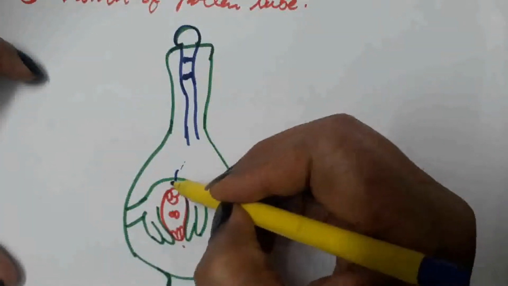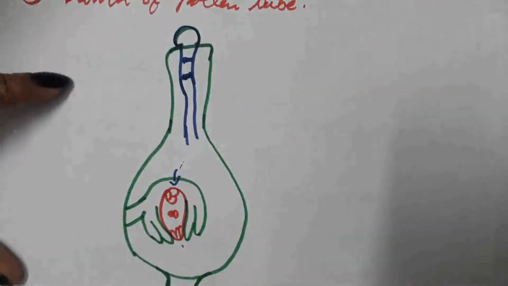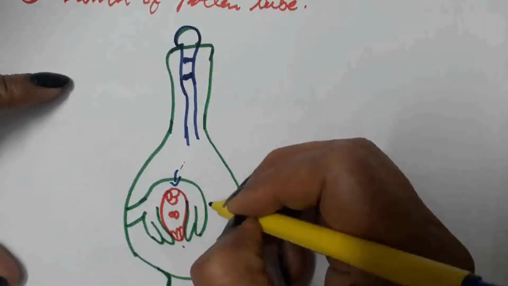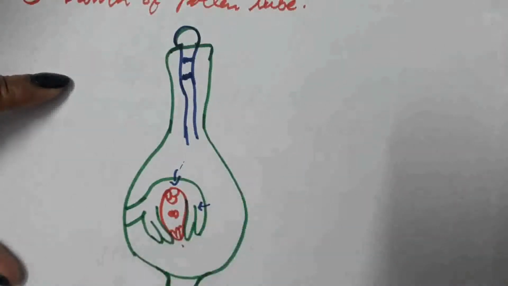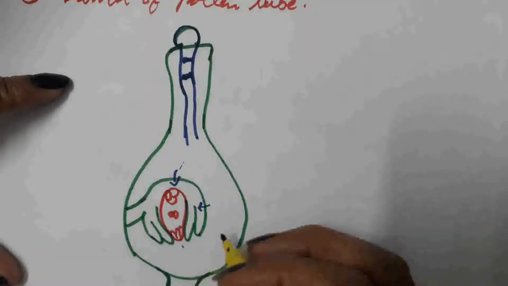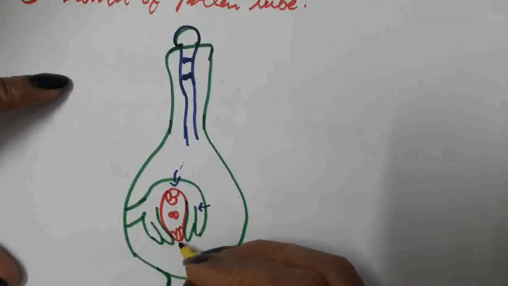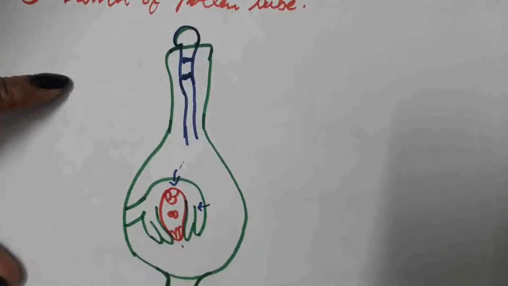This is the chalaza. Then it is known as chalazogamy. If the pollen tube enters through the integuments, then it is known as mesogamy, and if the pollen tube enters through the micropyle, then it is known as porogamy. Porogamy is the most common type.